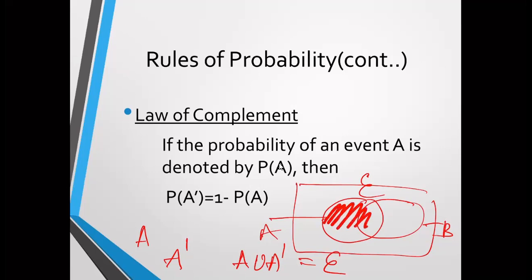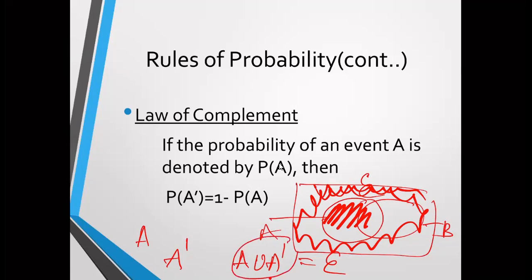A union A dash represents the universal set. Therefore, what can you say about these two events, A and A dash?